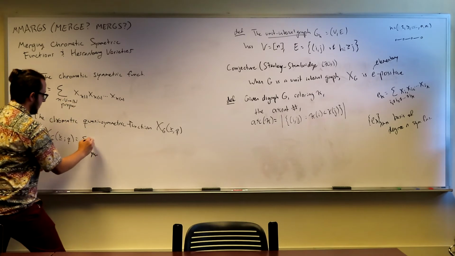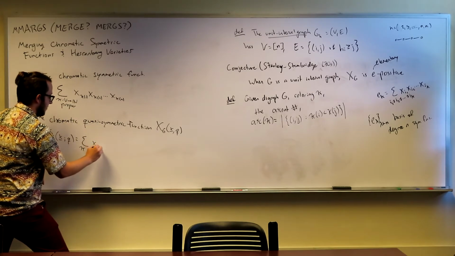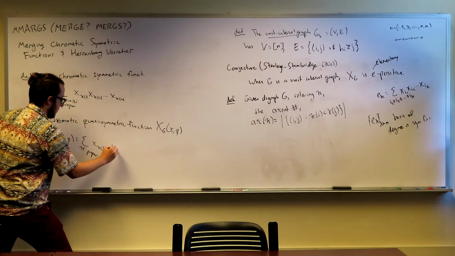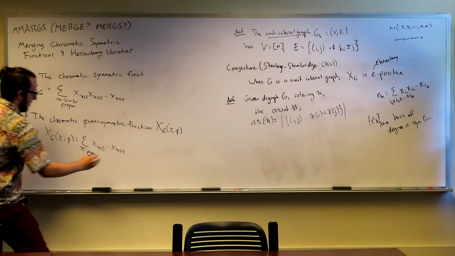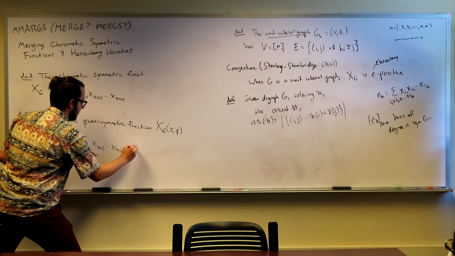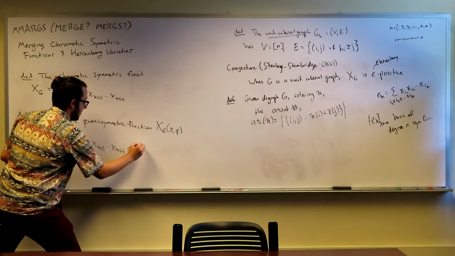Again, list off your colors as the indices of your variables. But now we're going to multiply this by q to the ascent number of that specific coloring.